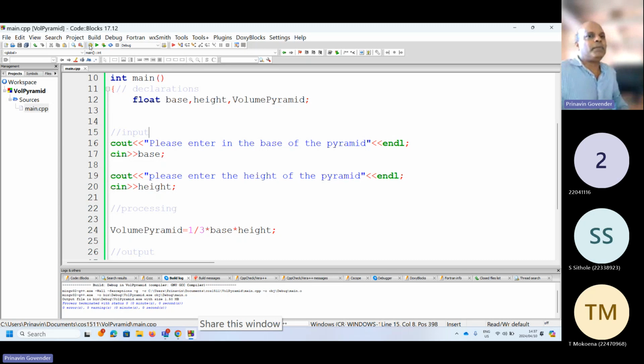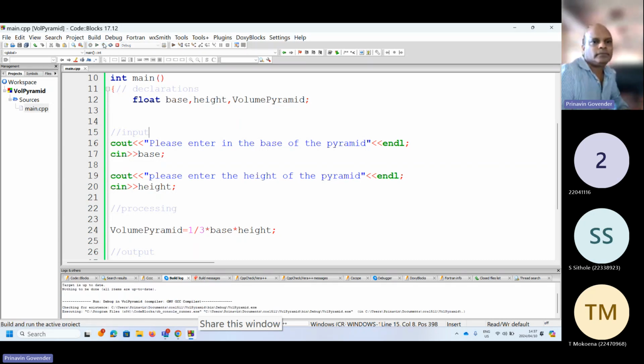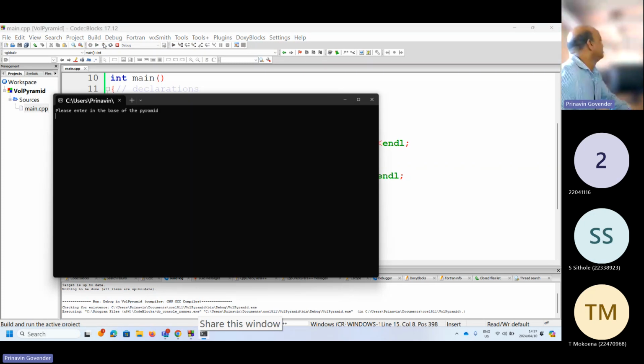So let me run my program. Please enter in the base of the pyramid. The base of the pyramid, what did I say it was? 100. Did I say 100? Okay, let's say 100. And what's the height of the pyramid? 1 divided by 3 equals, multiplied by 100.